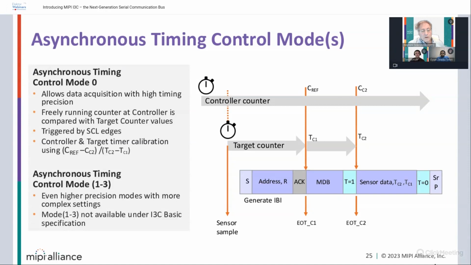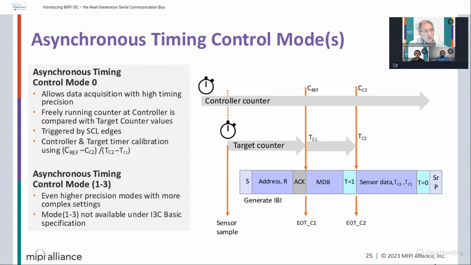Another interesting feature, which becomes very powerful when combined with IBI, is the asynchronous timing. Let's say you want to know exactly at what time an event happened. You have 2 clocks, one in the controller and one in the target. The target will start its clock when the event happens, let's say you're sampling a sensor value. Then you generate the interrupt.